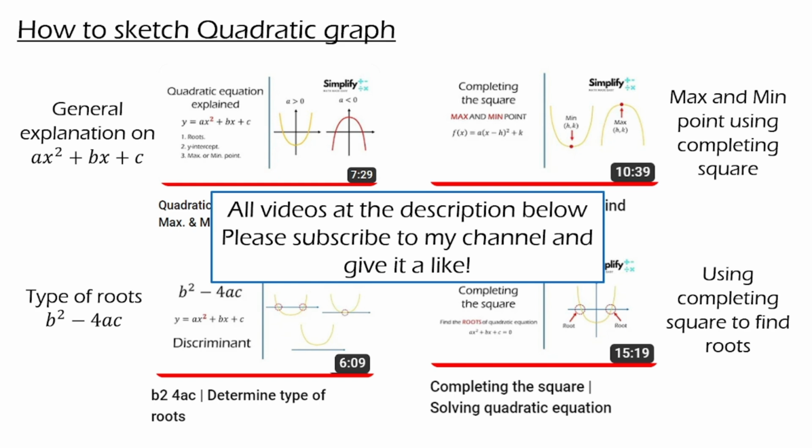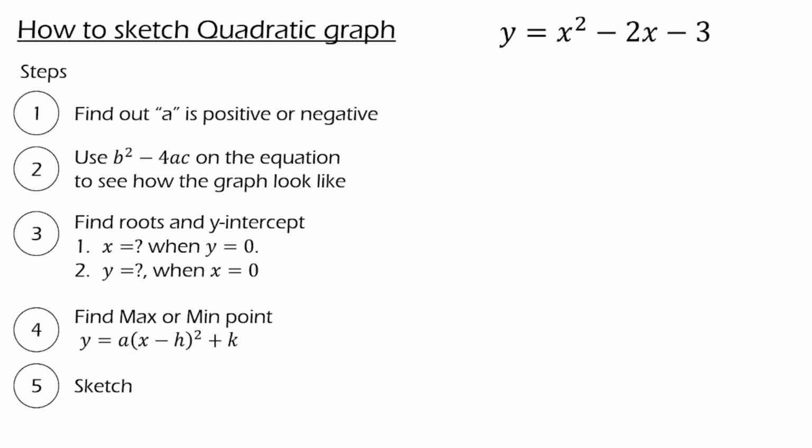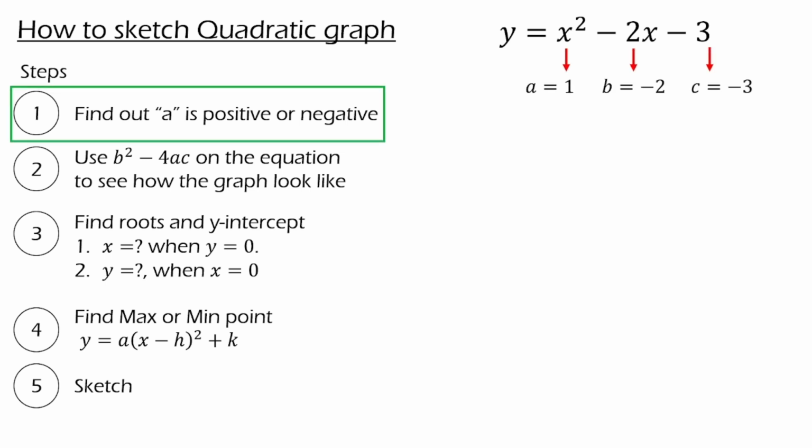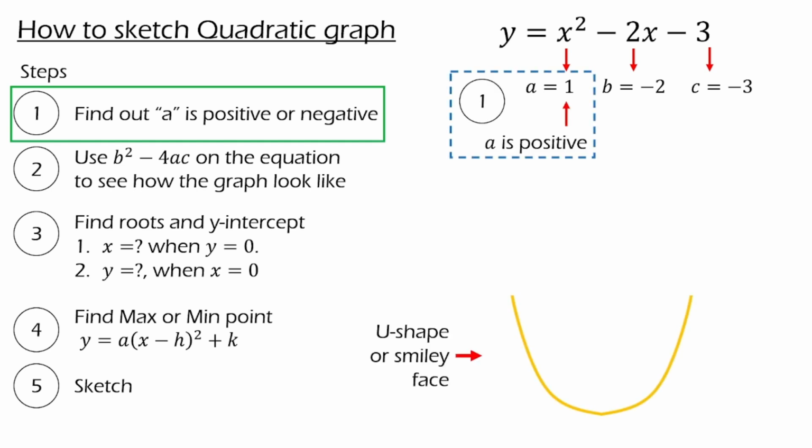Thank you. Let's try to sketch a quadratic graph. The first step in sketching a quadratic graph is we list down all the a, b, and c. Looking at the a value, in our case here it is 1 and positive, and therefore we have a U shape, or a smiley face.